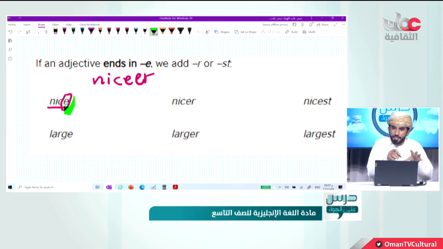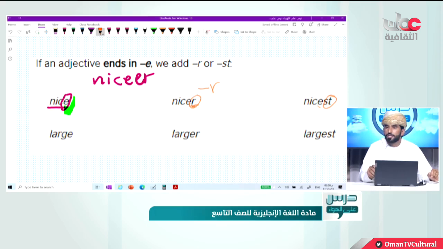So if there is E as a part of the adjective, we don't add ER again. We add what? R. Exactly. Correct. That's all. We add R. What about superlative? Yes, ST. That's it. ST. We cannot repeat the E again. Similar to the word large, you've got larger and then largest.